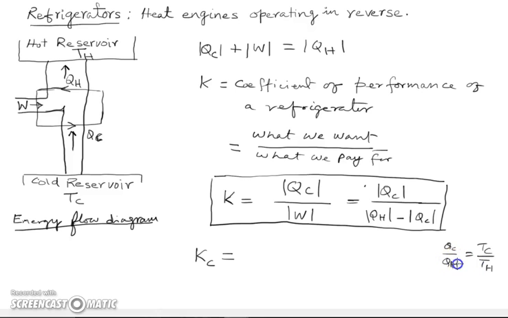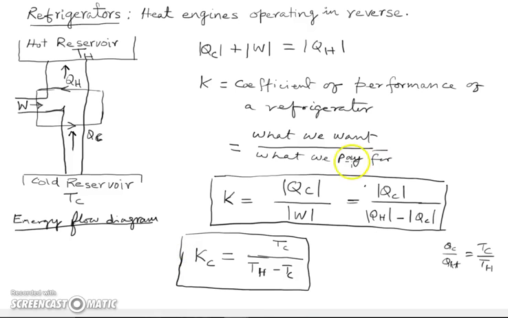We have seen this earlier when we were talking about the Carnot cycle. So I can just replace QC, QH with TC and TH. So I can say K_C equals temperature TC over temperature TH minus temperature TC of the cold reservoir, right? So this is ideal. This again sets the limit, the maximum coefficient of performance you can get in an ideal refrigerator. Great.